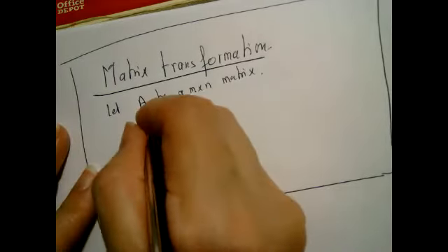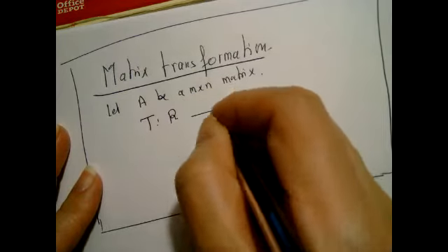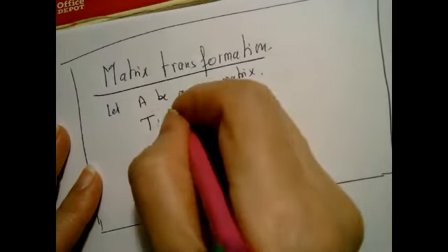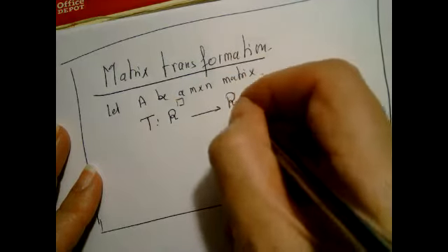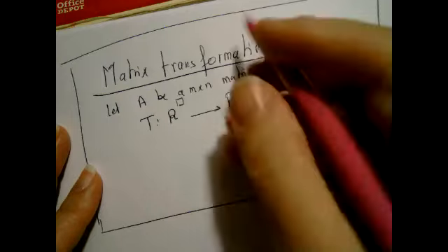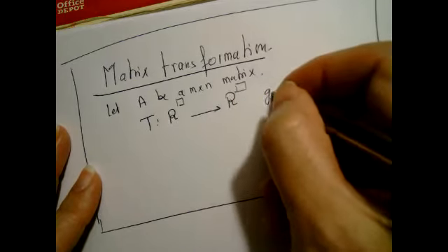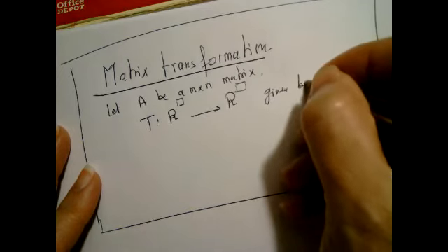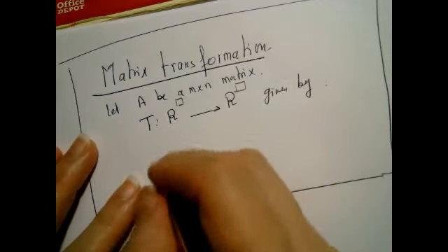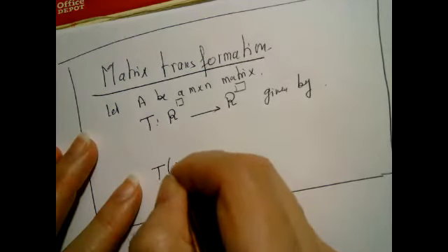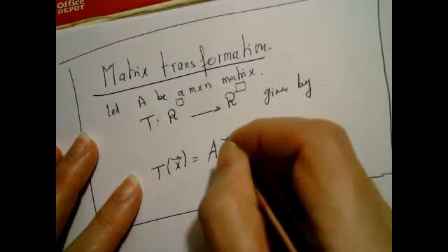And let T be the transformation from, okay, I will fill this in a minute because you have to help me out, given by T of x equal A times x.